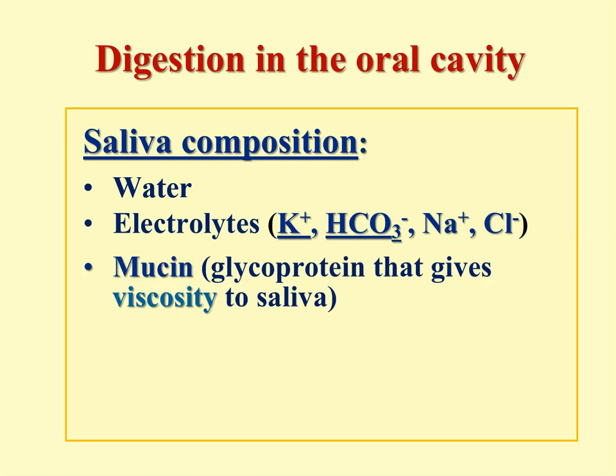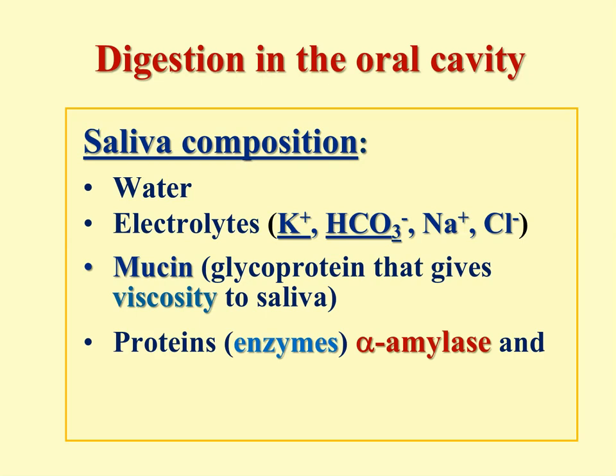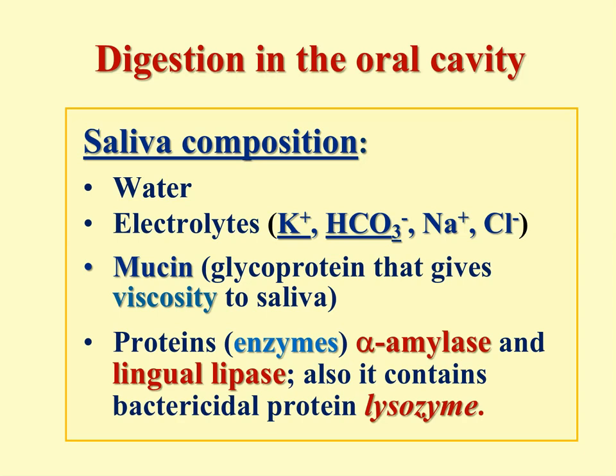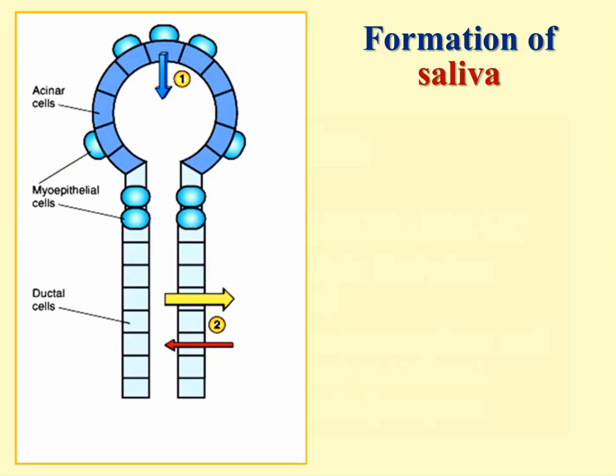Mucin is a glycoprotein that gives viscosity to saliva, and mucin also protects the oral cavity. Proteins include the enzyme alpha amylase, lingual lipase, and one more protein, the enzyme lysozyme. It provides the protective function, but let's consider all in order.